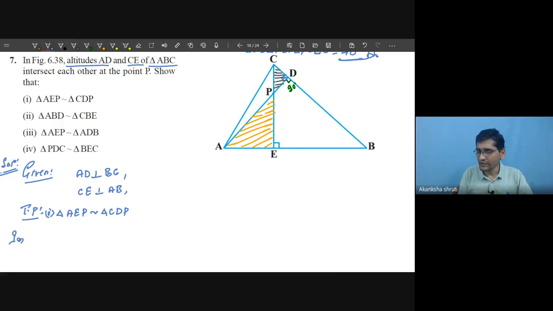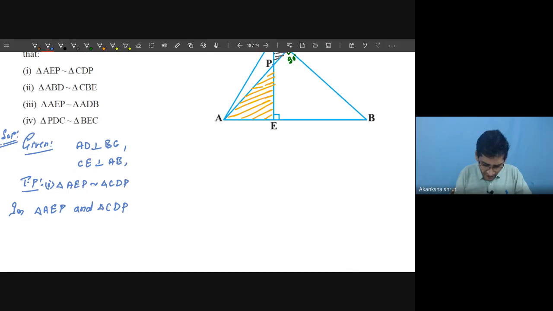I'm proving this one by one. I will prove all these four. So write, in triangle AEP and triangle CDP, these two triangles you have to write with 'and'.